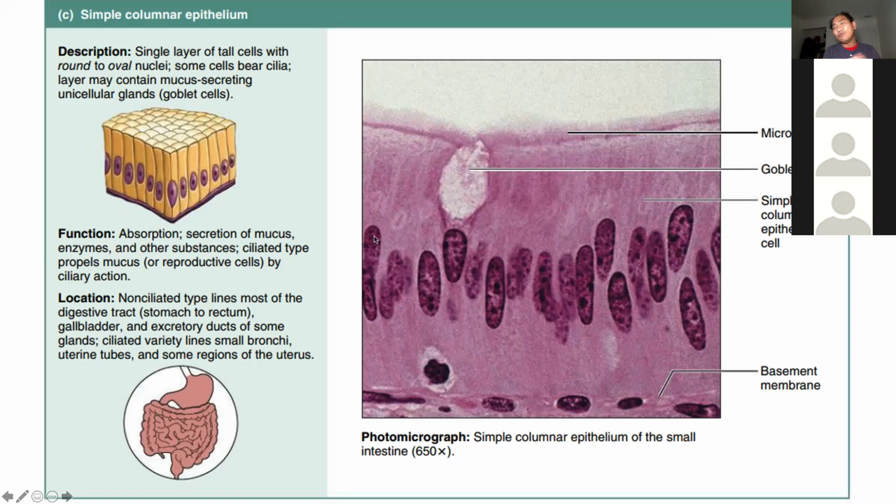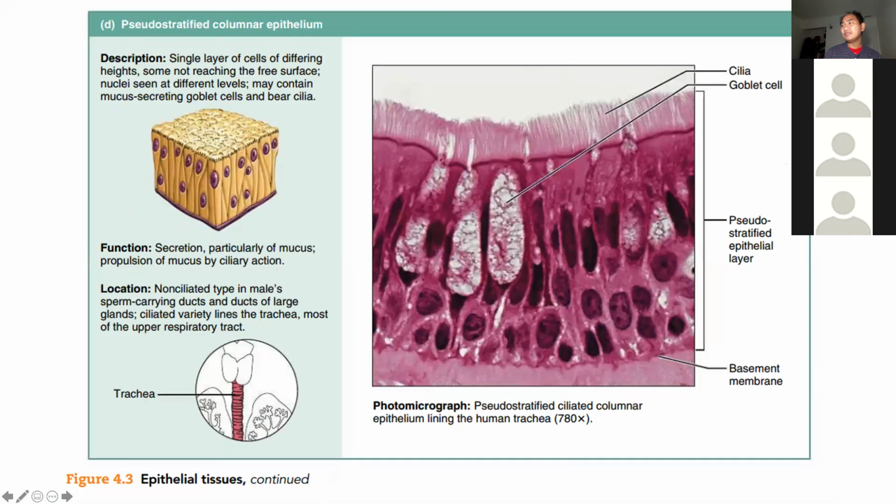So we'll be using it in the gastrointestinal tract, or might be the respiratory tract. So yes, here we have cilia. If we have cilia, it is nice to entrap the particles, the microparticles we breathe in the air. So that will be useful, like ciliated columnar epithelium. It is pseudo-stratified because it looks like multiple layers, but actually it is only one layer.